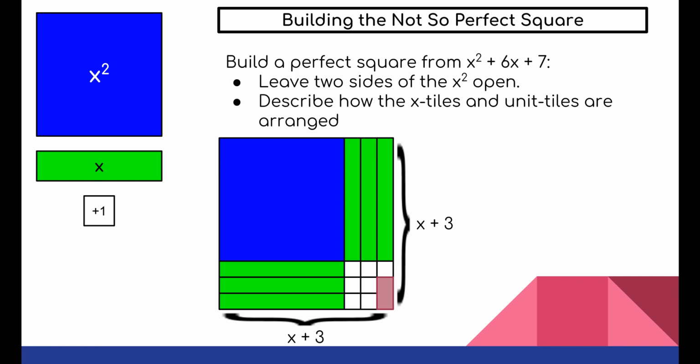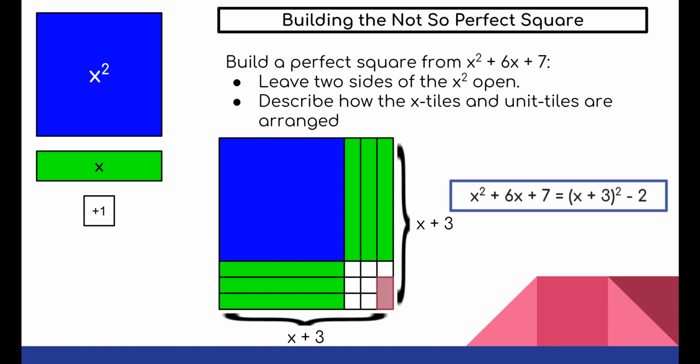And the moment that students say that we're missing 2 unit tiles, they're ready to see the equation. They're ready to see that x squared plus 6x plus 7 is equal to the square of the quantity x plus 3 minus 2, or in other words, what should be the square of x plus 3, but missing 2 of the unit tiles.